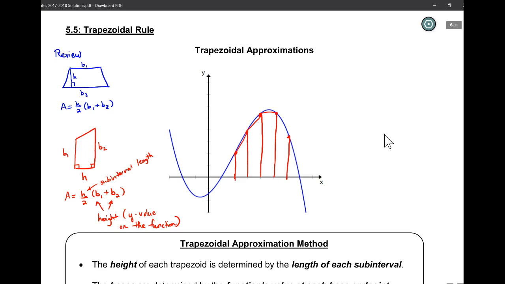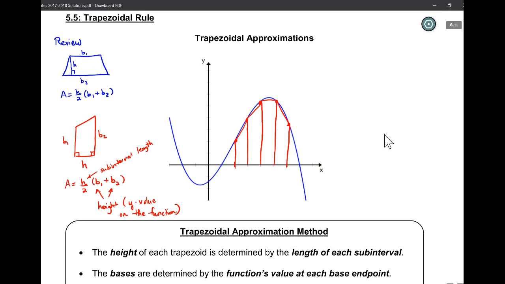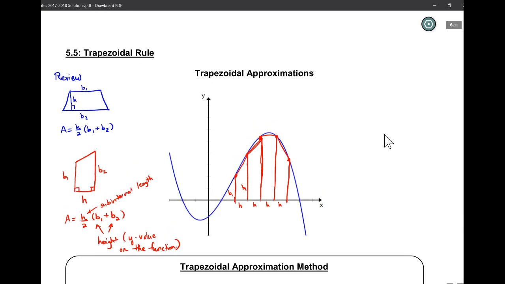Here and here. Okay, so what ends up happening with the trapezoidal rule, especially if they're evenly distributed, so these are all the height. So here's base 1, and then here's base 2. But then base 2 happens to be part of this trapezoid as well. So imagine if I had to add all of these together.